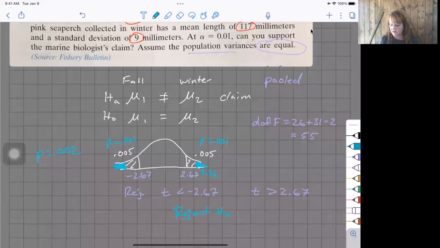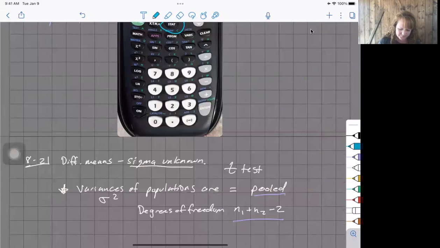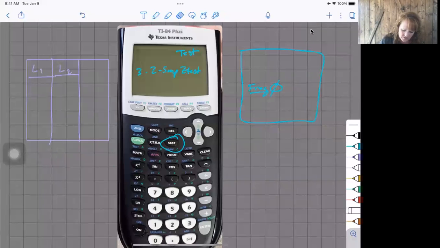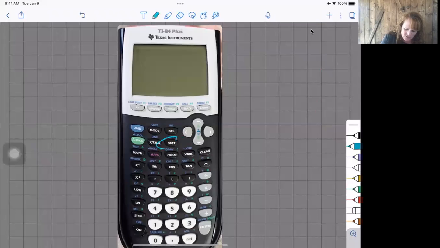Before we do the conclusion, I'm going to jump to my TI. You are going into stat, over to test, and mine is the fourth option, two sample t-test.